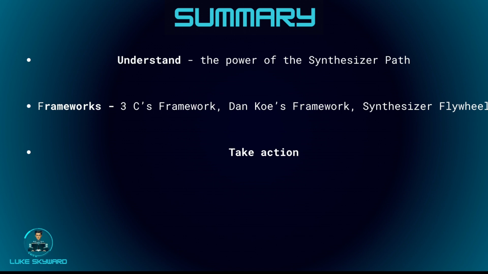Okay, so right now we have the summary. Let's go through the things that I want you to remember from this lesson. So first, I want you to understand the power of the synthesizer path and the mindset behind it. So things like why you need to consume meaningful content aligned with your interests to then create value.